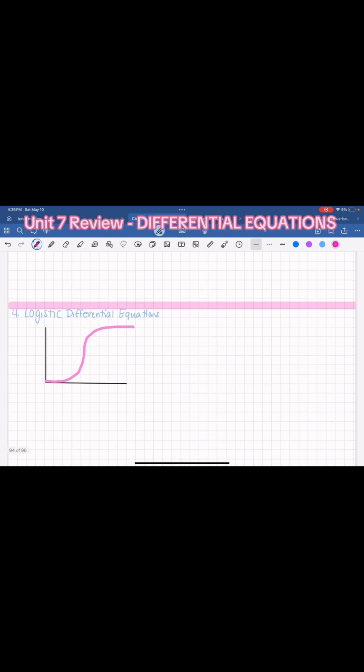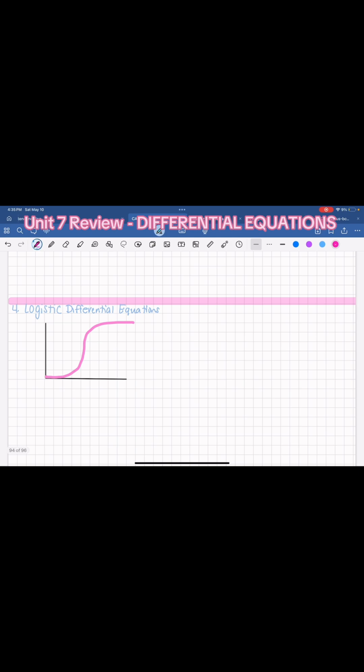And last but not least, logistic differential equations. What do you guys need to know for the AP? So you need to know logistic. All right, for logistic differential equations, what you guys need to know is we have a carrying capacity here, and the limit as t approaches infinity is going to be the carrying capacity, which we're going to call L. L is the carrying capacity.